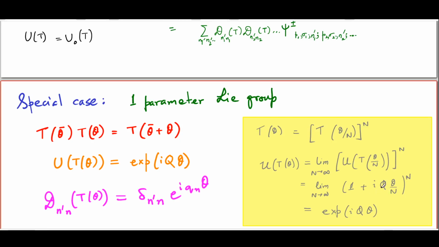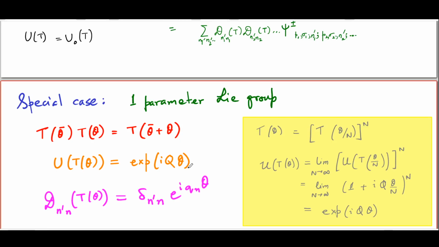And I put in an i here, as we have already done before, to ensure that capital Q is Hermitian if capital U is unitary. And it's easy to see that this particular limit is a familiar limit from high school algebra and gives you the exponential of iQ theta, this expression that we wrote down here.